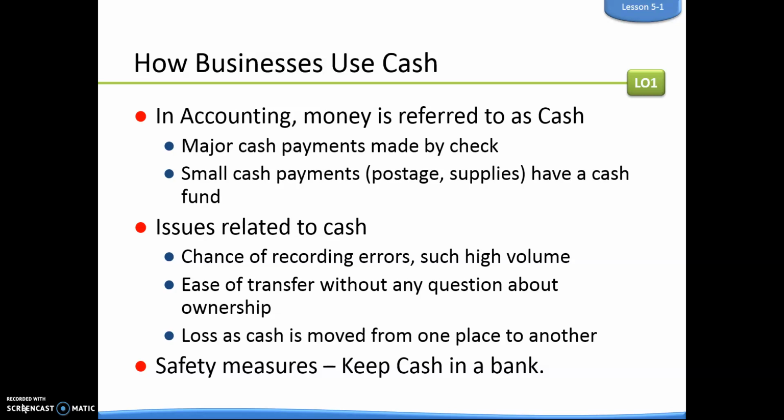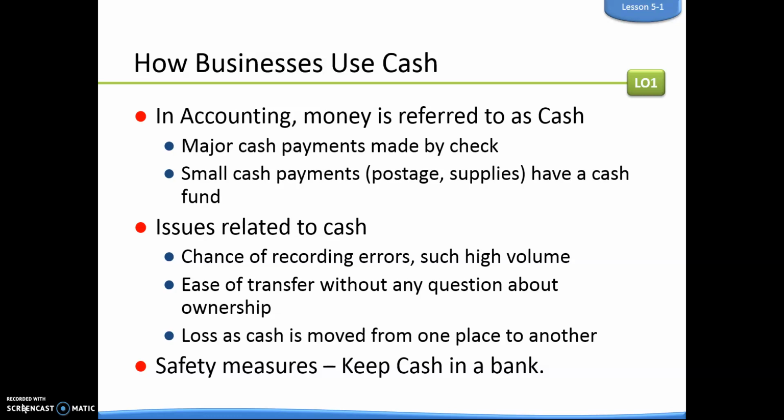We haven't talked about those yet, we will a little bit later in this chapter. But the majority of the transactions that they pay for, they usually pay for using check. And then we also have small cash payments, usually for things like postage or some small supplies or little miscellaneous things that they need for the office. And those come out of our petty cash fund. Again, we'll talk about that later as well.